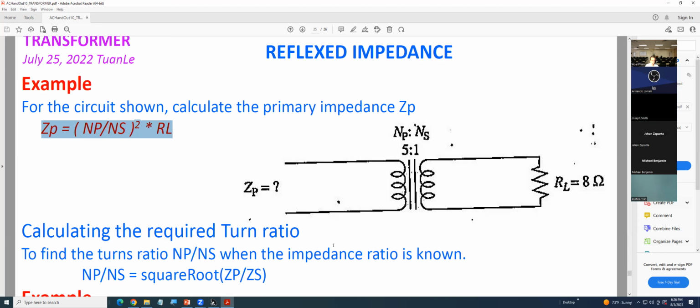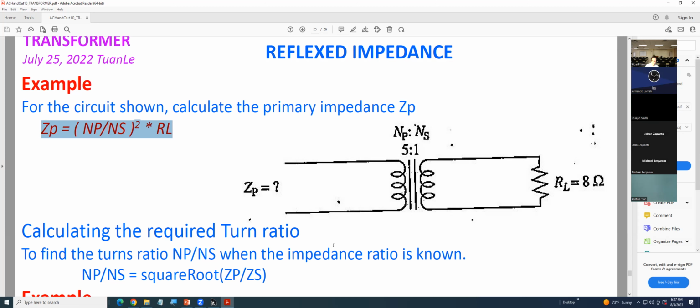No test on that. It's just for you guys to understand the application of the signal transmitter or receiver in the radio.